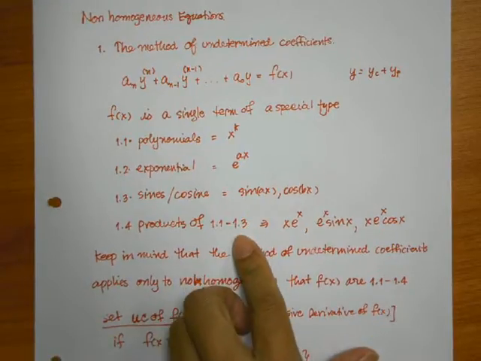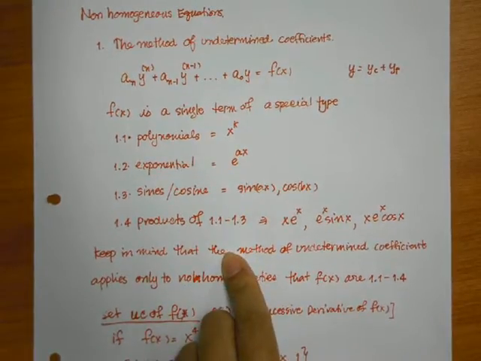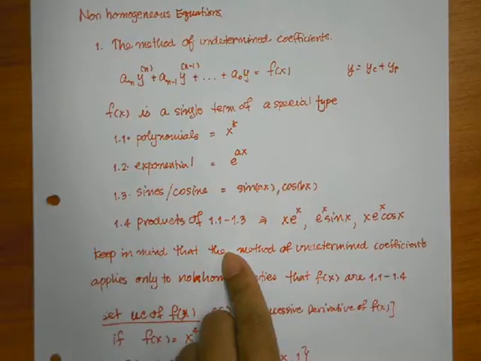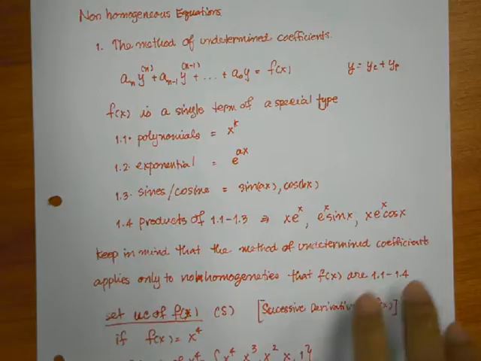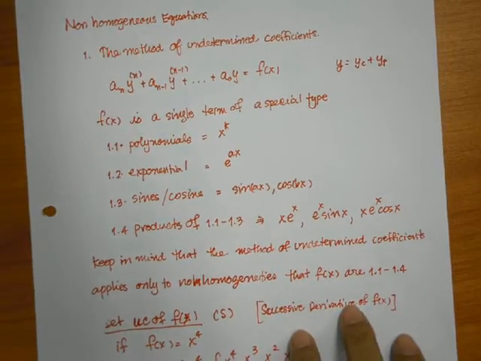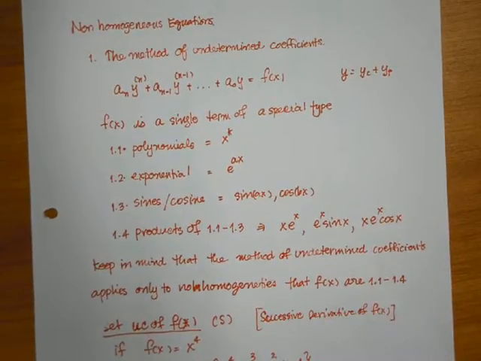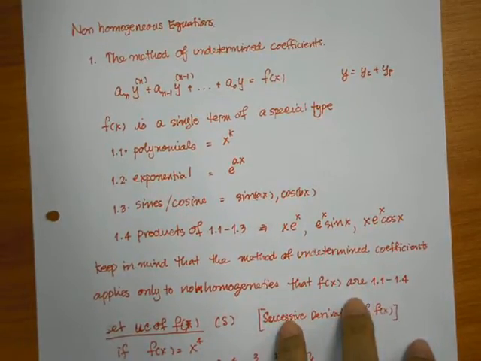And the fourth function that f(x) could be is the product of functions 1 to 3. For example, x times exponential of x, or exponential of x times sine x, or x times exponential of x times cos x.